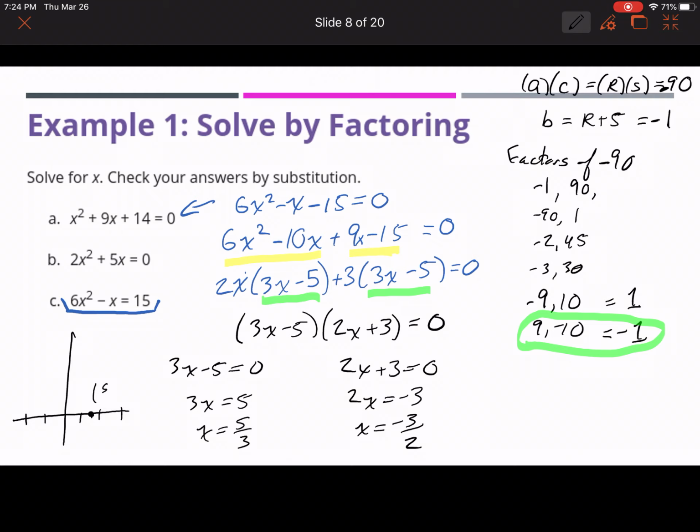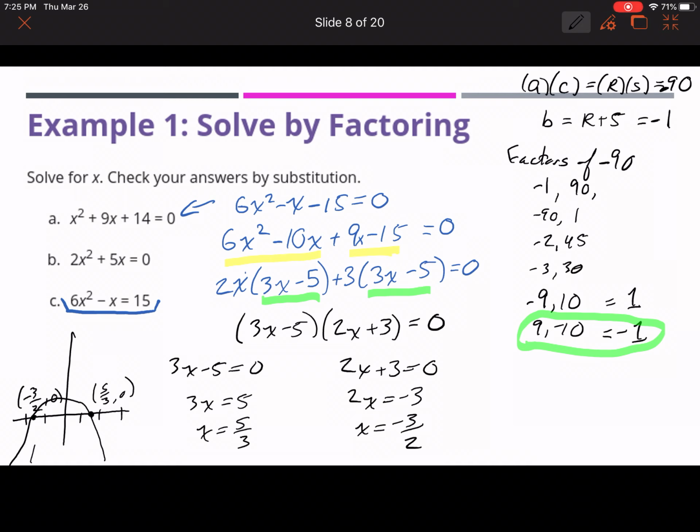It would be there. And our second one is negative 3 over 2, so 1 1/2. Negative 3 over 2 and 0. And because we have a positive parabola, you're going to end up with something that looks like that.